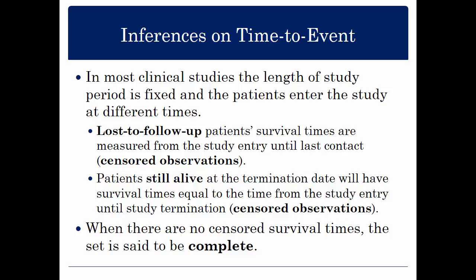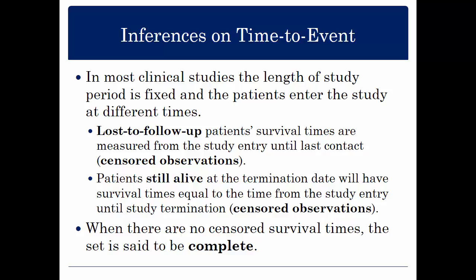Censored observations occur when, if you're in a clinical study situation, very often we have a fixed study period. So we get funding from the NIH to do an R01, and we've determined that we really only have, let's say, 4 years for the study period.